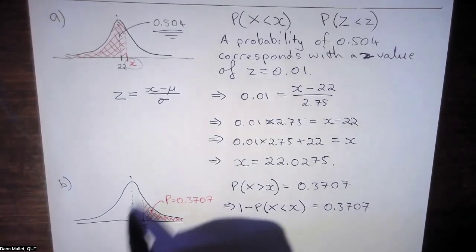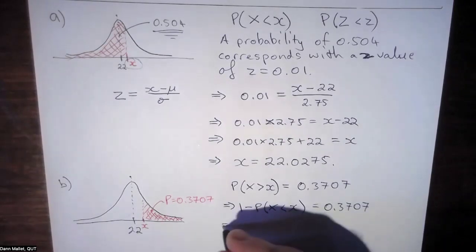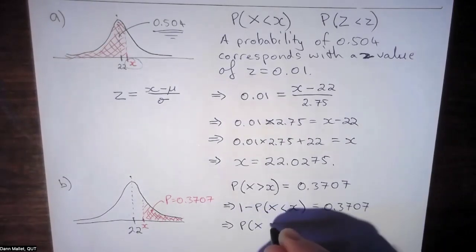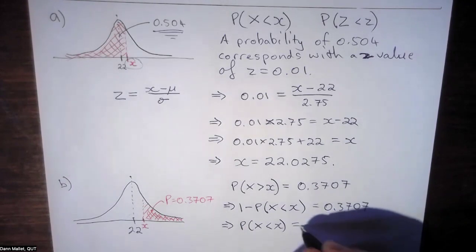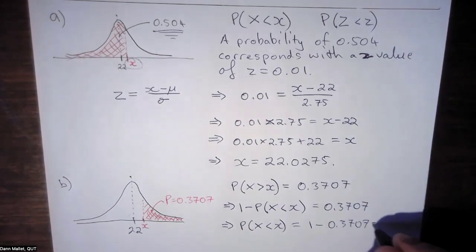In other words, the unshaded region over here is equal to 0.3707, that is when it's subtracted from the entire probability. Now, rearranging this, we can write that the probability that x is less than lowercase x is equal to 1 minus 0.3707, or 0.6293.